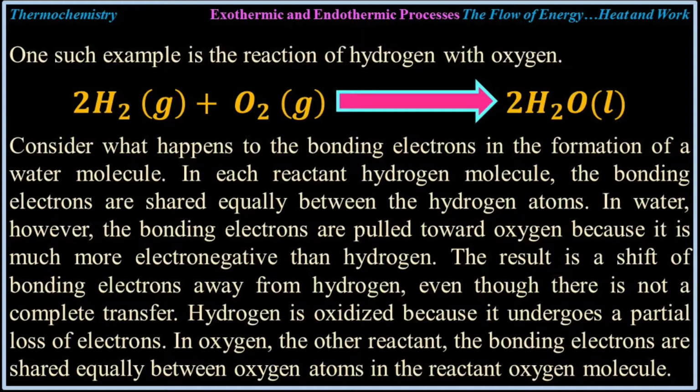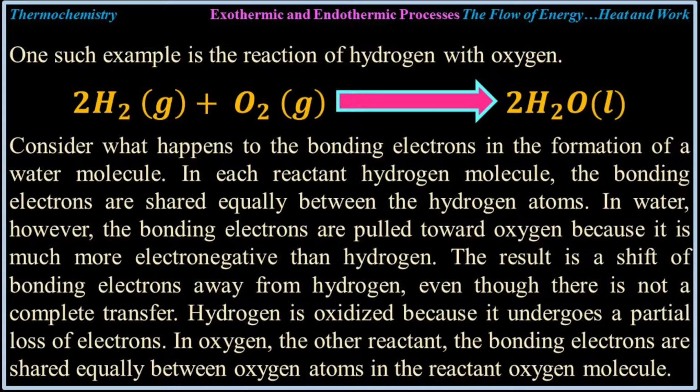In water, however, the bonding electrons are pulled towards oxygen because it is much more electronegative than hydrogen. The result is a shift of the bonding electrons away from hydrogen, even though there is not a complete transfer. Hydrogen is oxidized because it undergoes a partial loss of electrons.